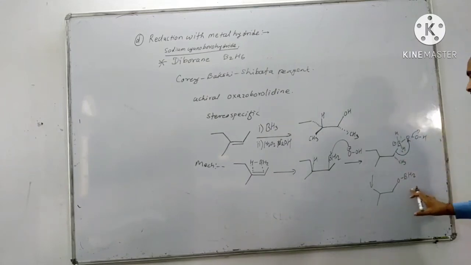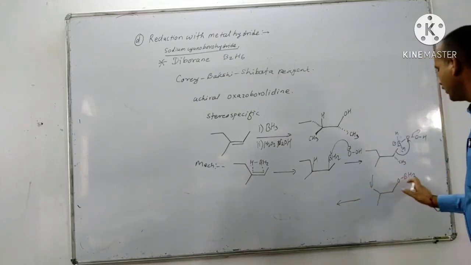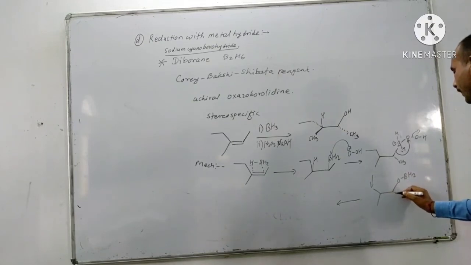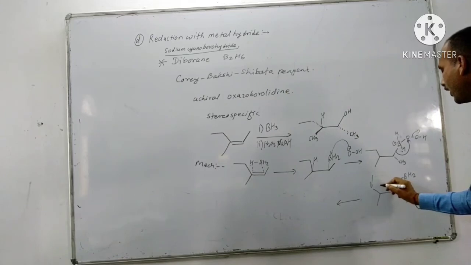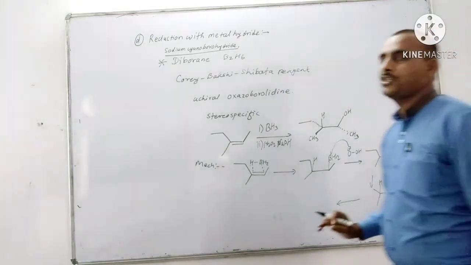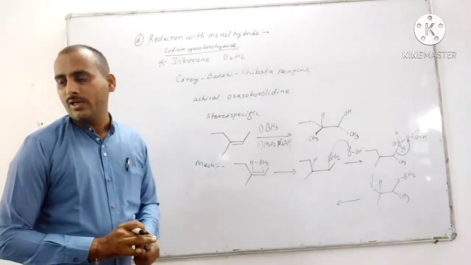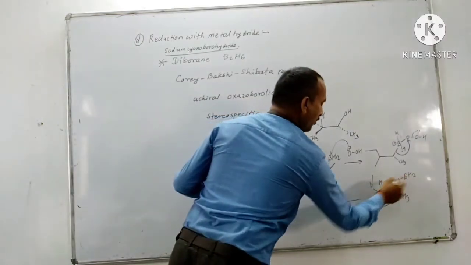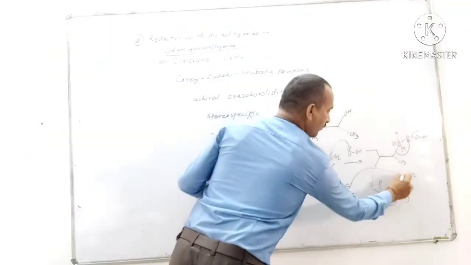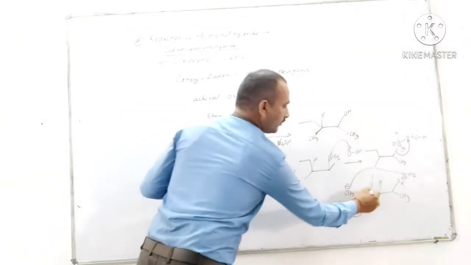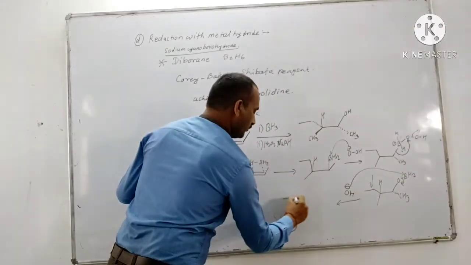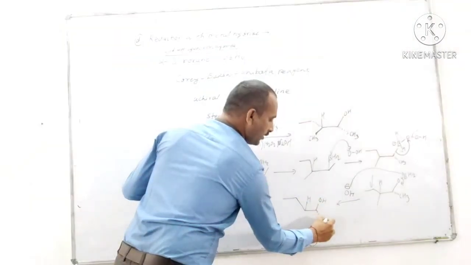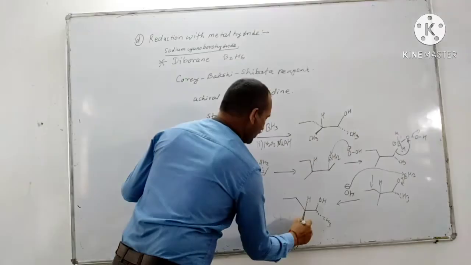This product is formed, and which on again, there is CH3. So hydrogen and this OBH2 remain on the same side, and then hydrolysis by OH minus. The OH minus attacks on this boron, O minus. So OH, H, this CH3, and this is CH3.